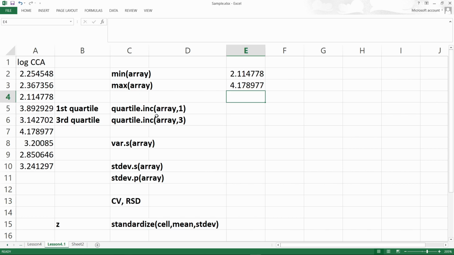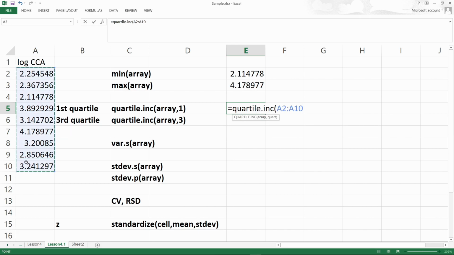To get the quartile, this is the equation you should use. The numbers here represent the first quartile and the third quartile. We will do the same procedure.